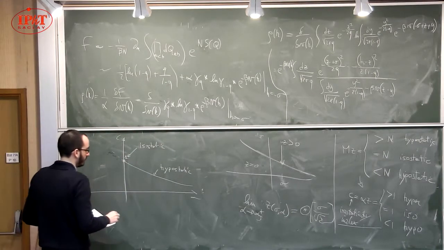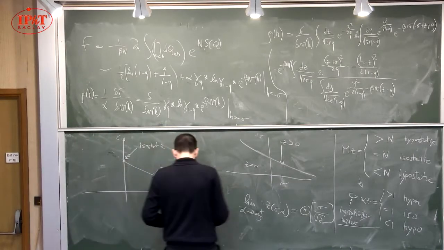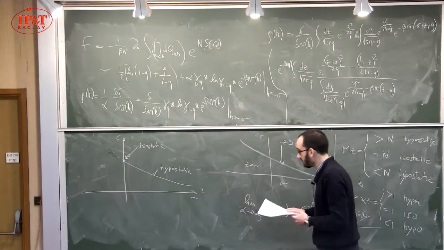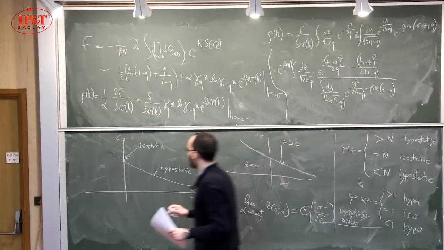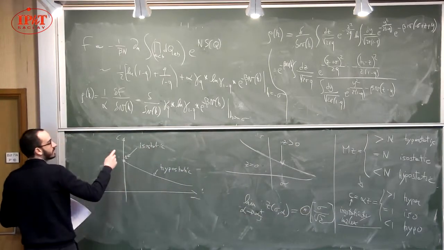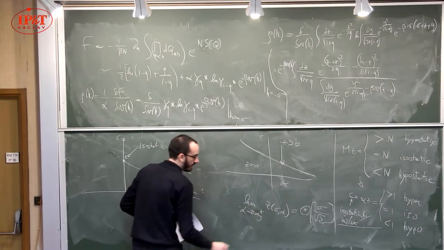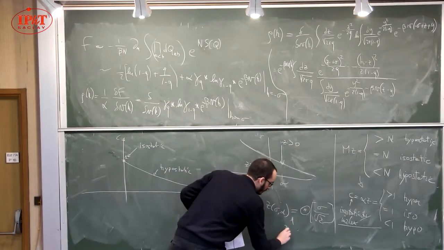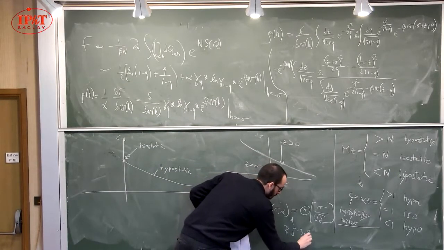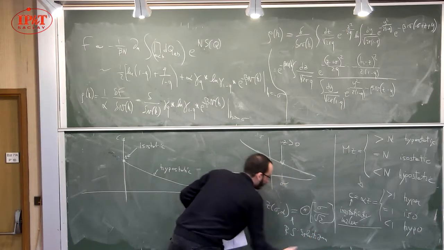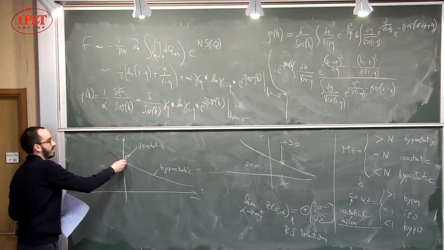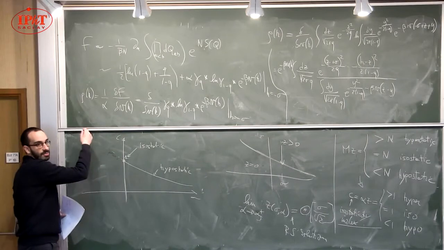Okay. So in principle, if you use this formula that is valid if you assume the replica symmetric solution, you get that this line goes up. So in principle, here it's hyperstatic.